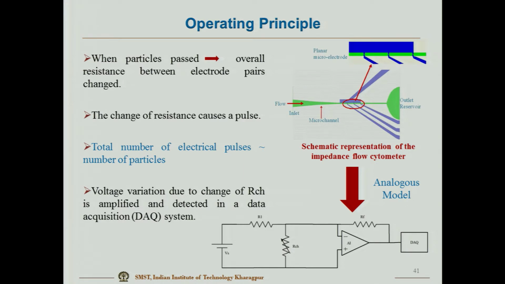And after separation, as they move towards the outlet, I can place two electrodes like this, which are very small. Two electrodes means just two electrodes which are very close, only 10 micrometers or 5 micrometers apart. Again, they are made of gold or any such material which sustains in the media.